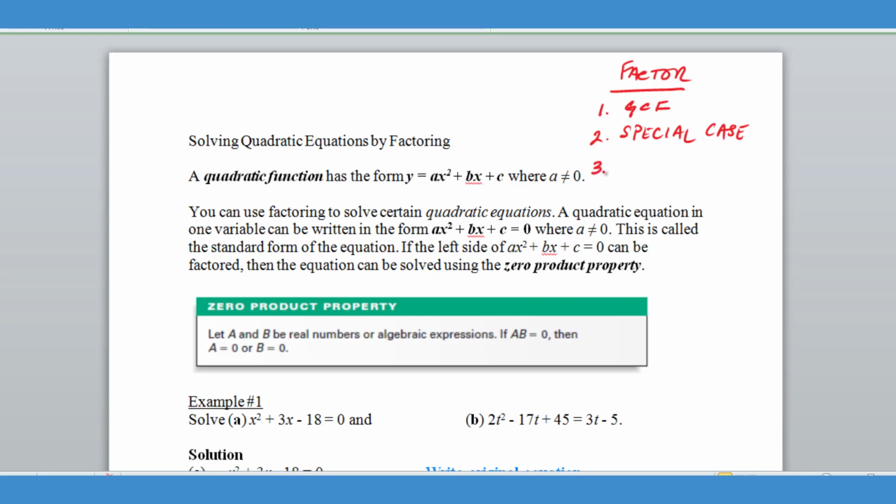We've also learned how to do trinomials with an a value equal to 1, and trinomials with an a value greater than 1. If you remember, we use a process called grouping to do that factoring. Any one of these factoring methods can be applied to solving the quadratic equation through factoring, assuming that it can be factored.